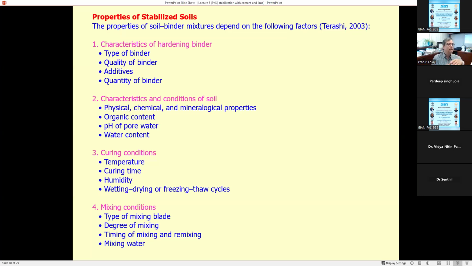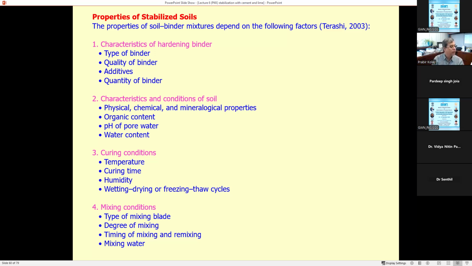Mixing conditions. So how are we mixing this soil? Using different types of mixing blades. There are different types. Degree of mixing, how much time you are spending for mixing. Sometimes if you wait too much time, then it will be a problem also, because the mellowing time should not reach the point where the reaction has already started.